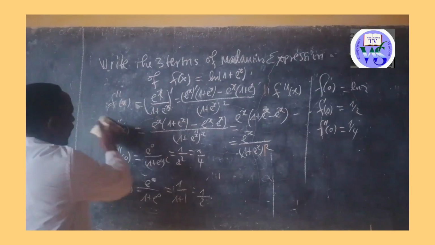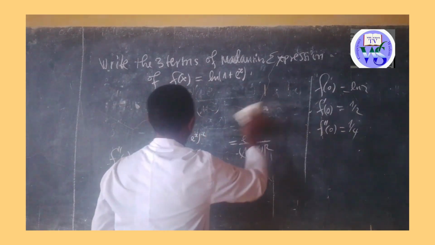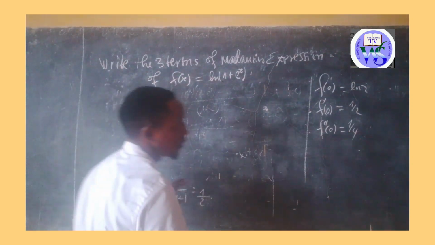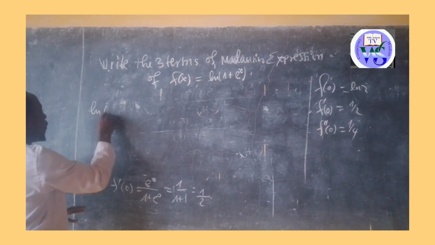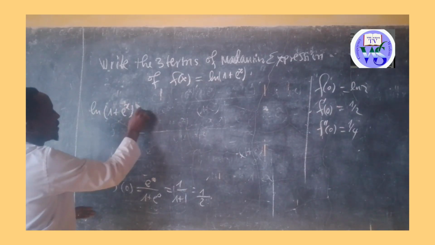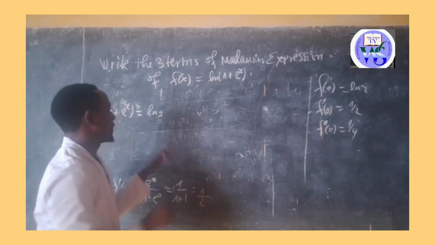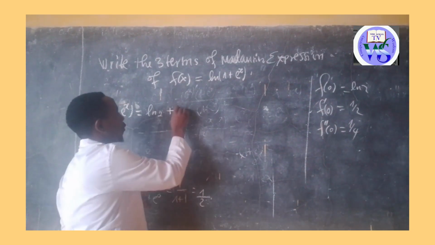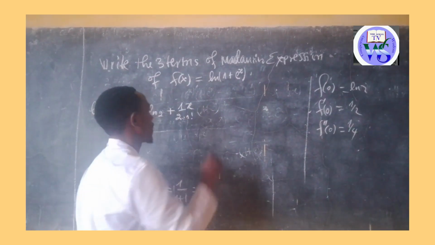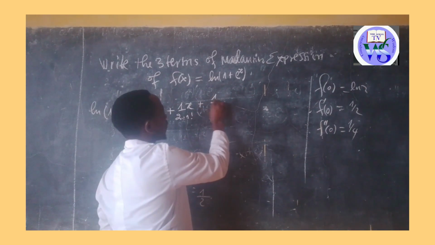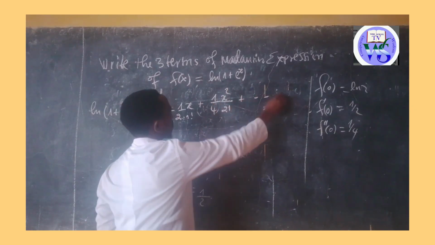So then how do we find the expression? Then ln of 1 plus e power x is equal to f of 0, which is ln of 2, plus 1 over 2 times x over 1 factorial plus 1 over 4 times x squared over 2 factorial, plus and so on.